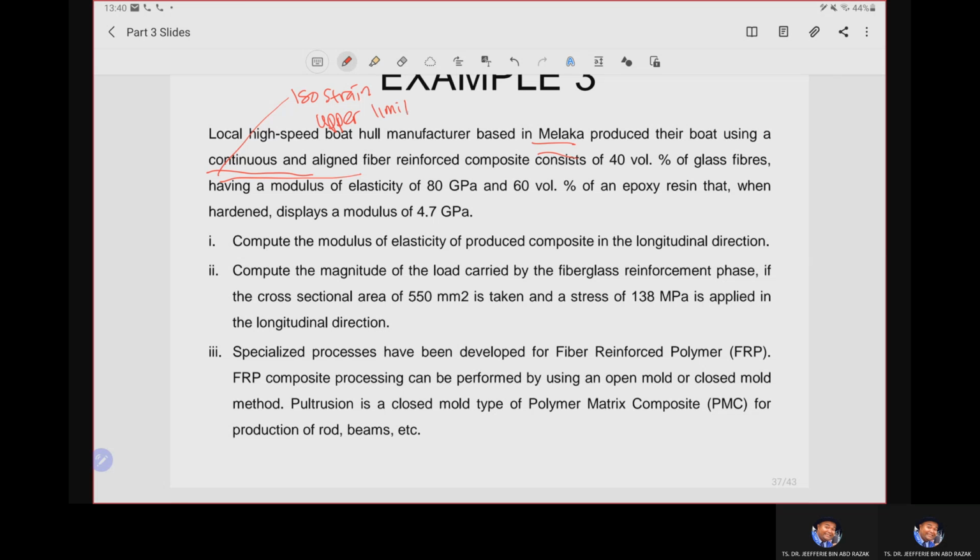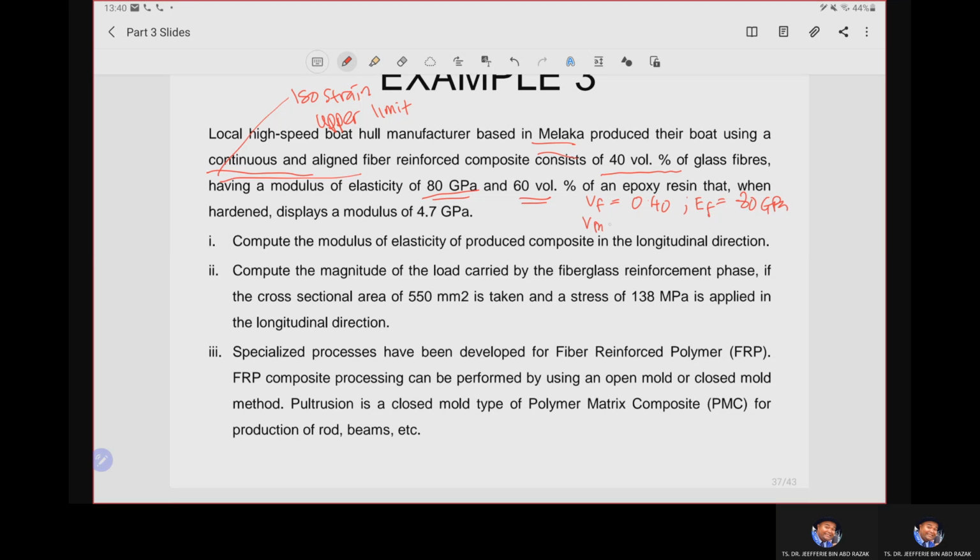Having the fiber reinforced composite consists of 40 volume percent of glass fiber, so the VF here equals 0.40, and having a modulus of elasticity of 80 gigapascal. So the modulus of elasticity of fibers is 80 gigapascal, and 60 volume percent of an epoxy resin.